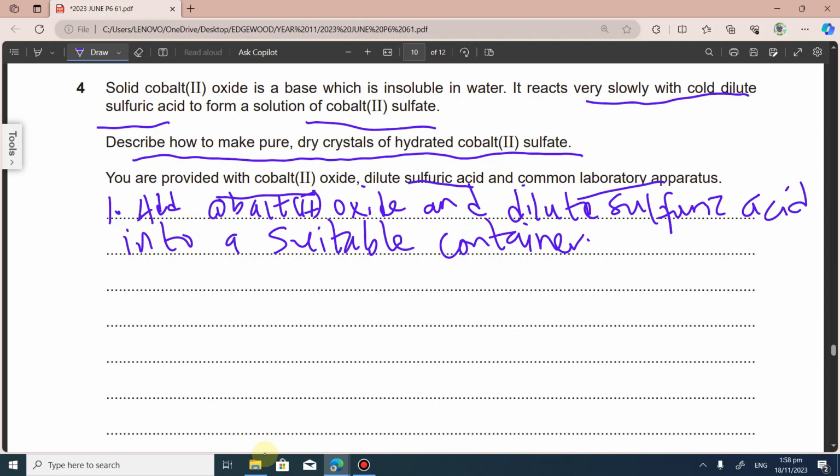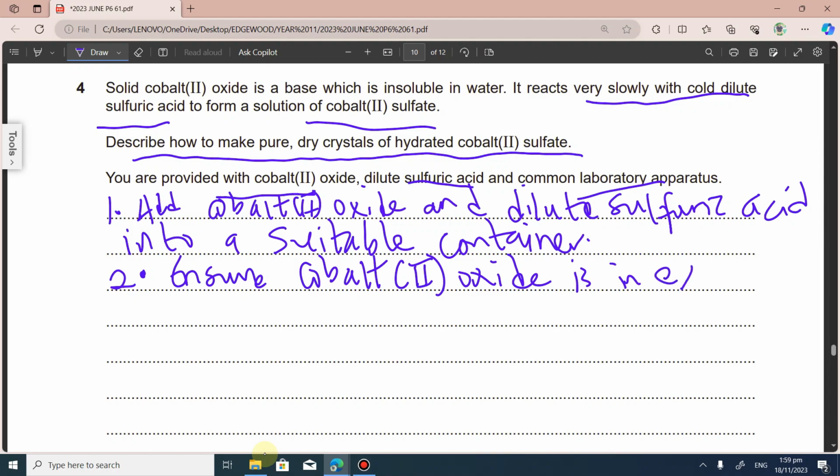Okay, so the second step, since we are preparing a soluble salt, remember the steps for preparing a soluble salt. The next step is to ensure that the cobalt 2 oxide is in excess.